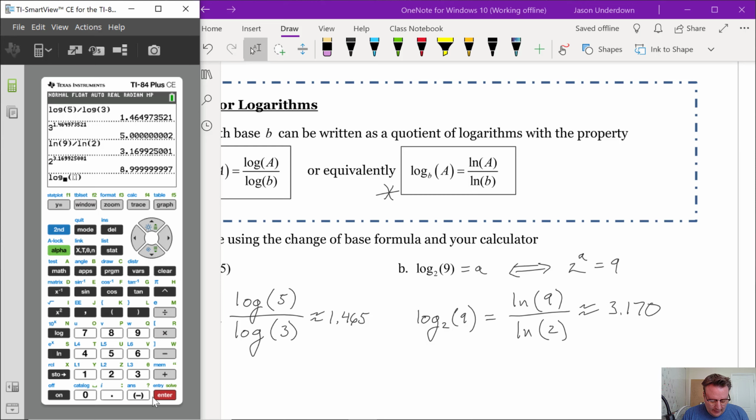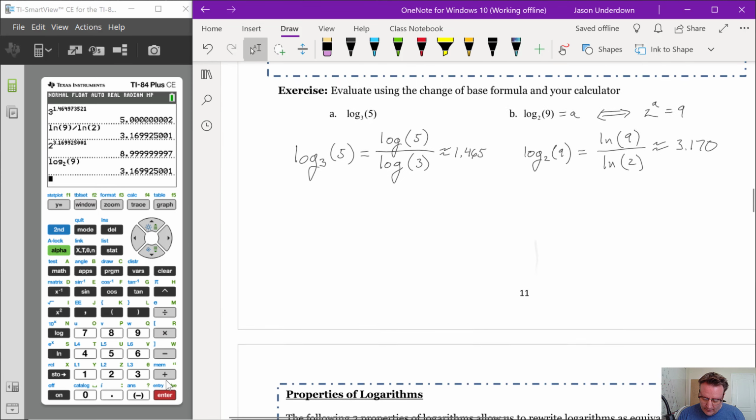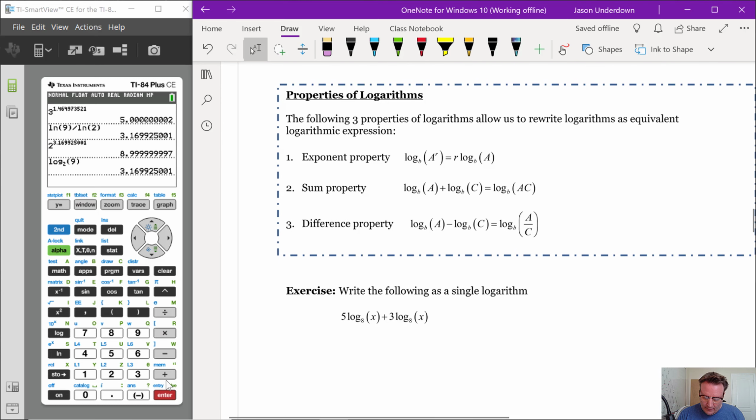So in the math menu, if you choose log base, this is also in your catalog of functions. It'll allow you to put the base in. I'll put in 2, cursor over, and I'll put in 9, and enter. There you go. We get 3.1699 just like before. So these calculators have this kind of nice feature built in that they can compute this. Okay. I'm going to pause there.